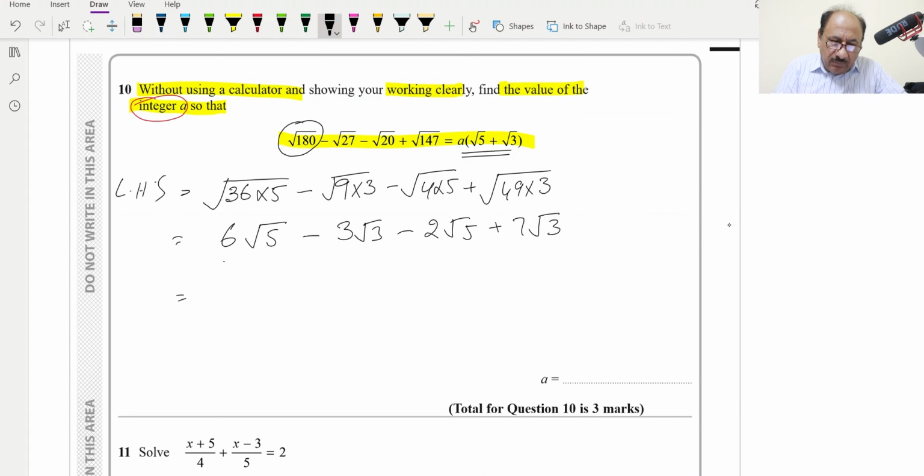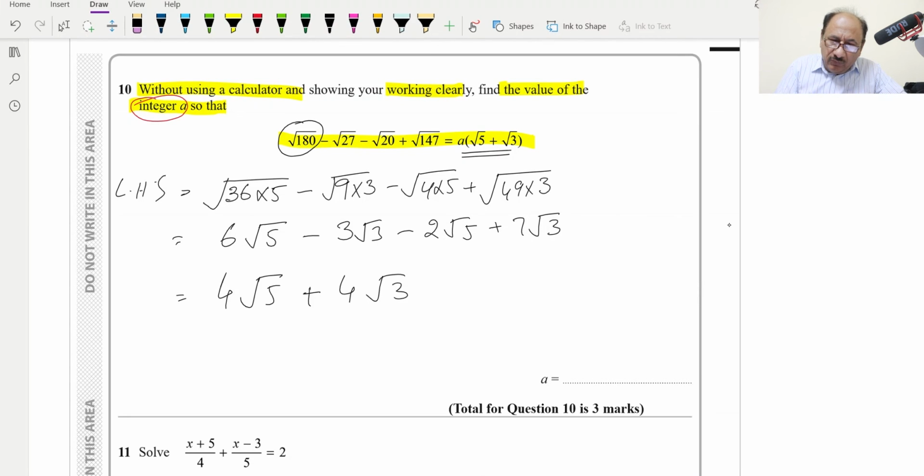Now we can combine the under root 5 terms. So this will be 6 minus 2 will be 4, so 4 under root 5, and these two terms also we can simplify. So this will be 7 minus 3 will be 4, so plus 4 under root 3.